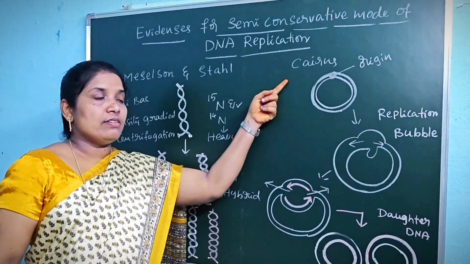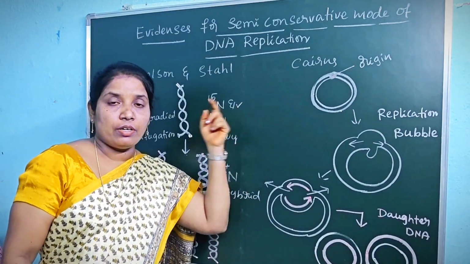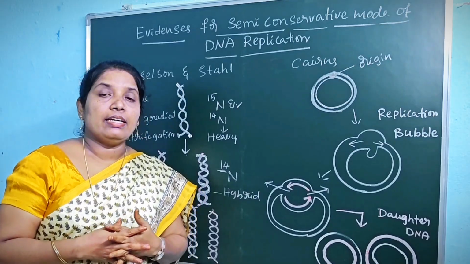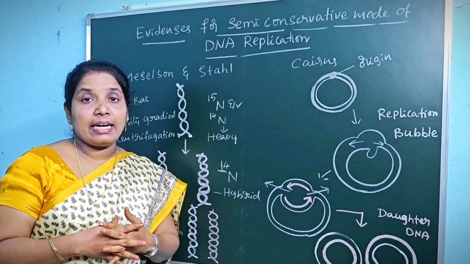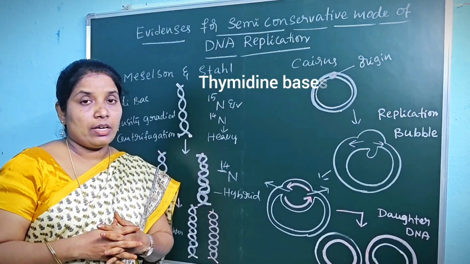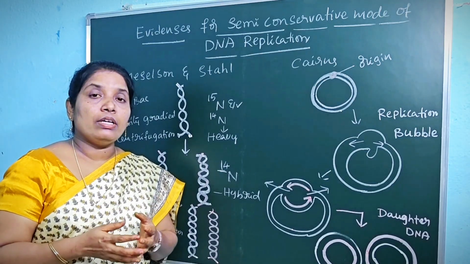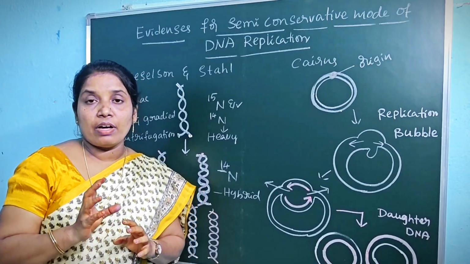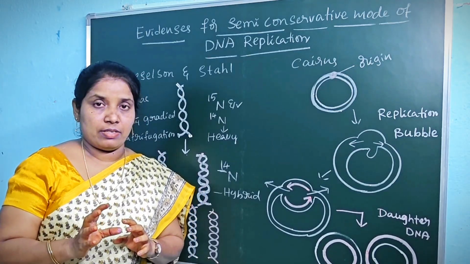John Cairns grew E. coli bacteria in a medium containing radioactive thymidine bases.